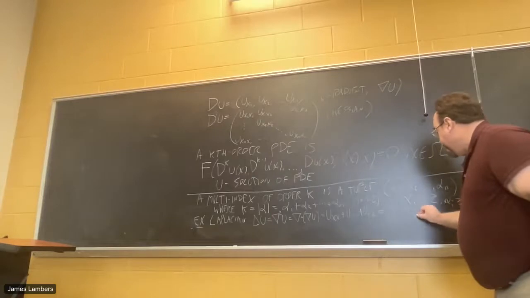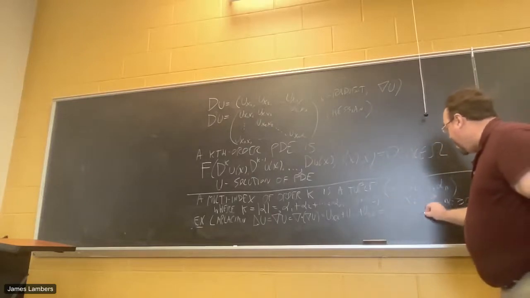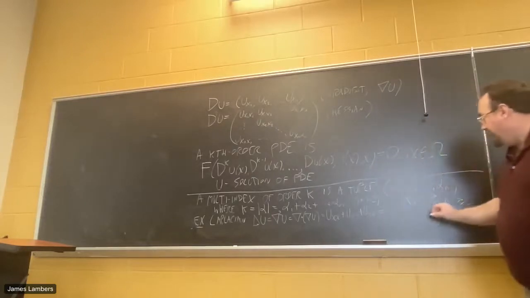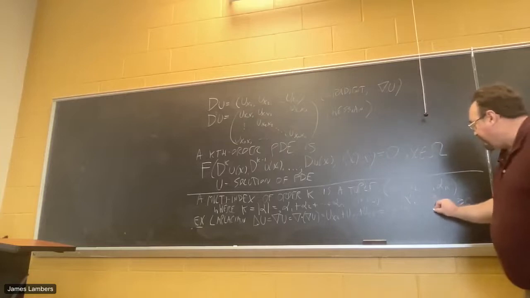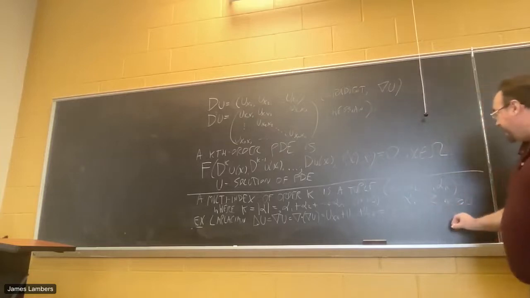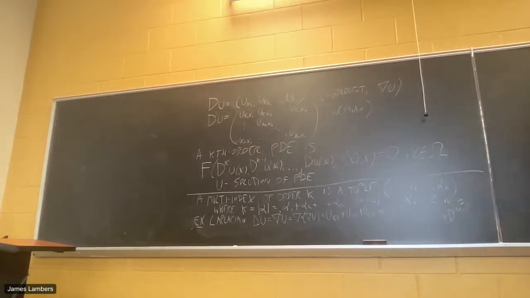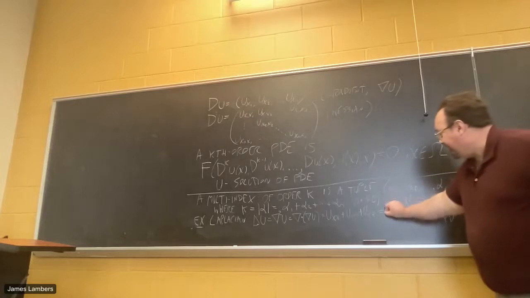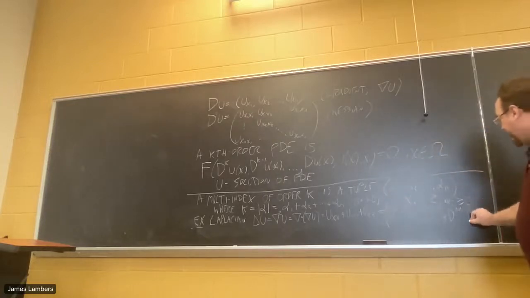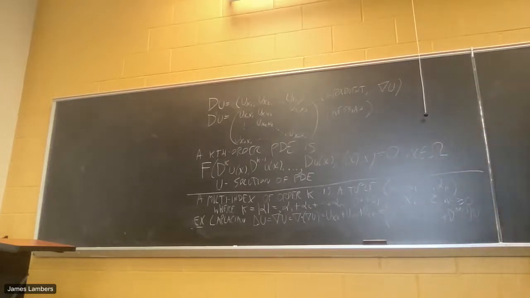And then for the derivative with respect to y, no differentiation with respect to x, twice with respect to y, nothing with respect to z. And then finally for uzz, I have 0, 0, 2. So those 3 multi-indices cover all the differentiation that's happening. And what I forgot to include in the notes is that all of that has to be applied to u.